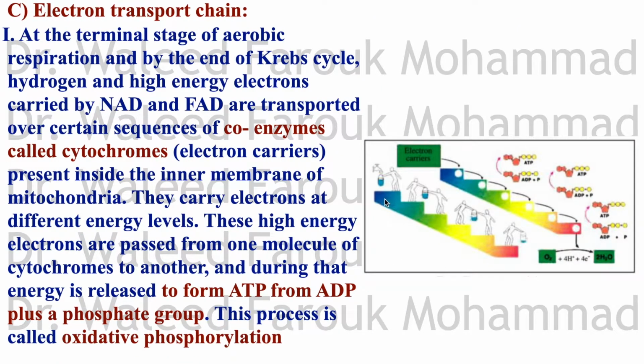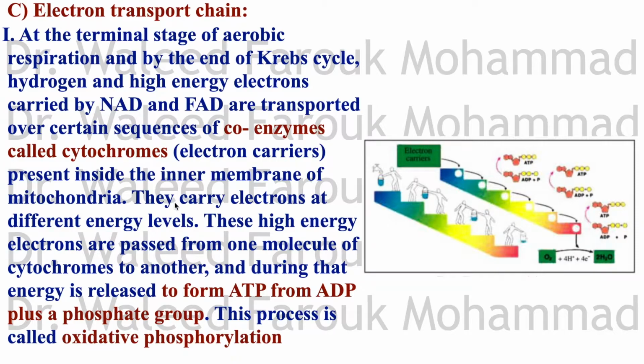Okay, the electron transport chain. At the end of the Krebs cycle, we ended up with a reduced NAD and FAD in the form of NADH2 and FADH2. These interact with coenzymes in the mitochondria on the inner side of the membrane of the mitochondria. This is called the cytochromes.